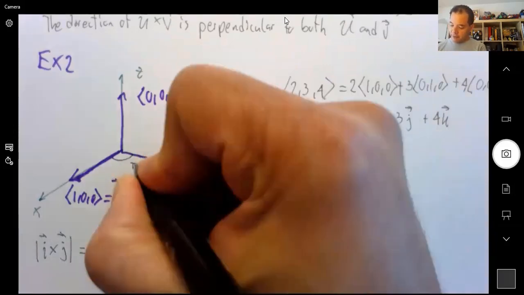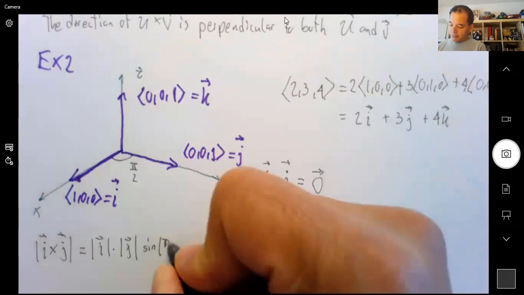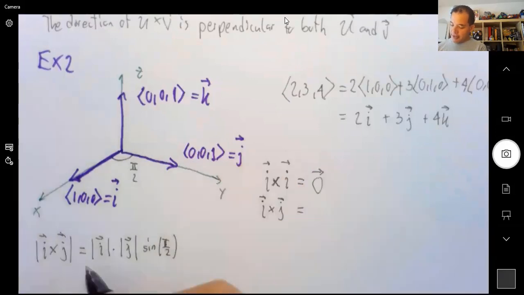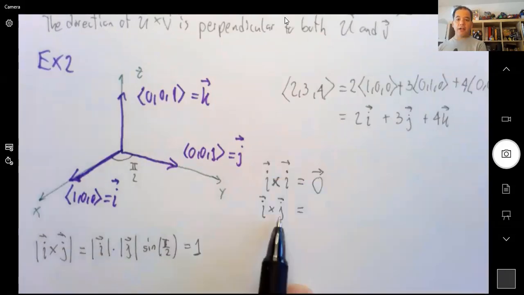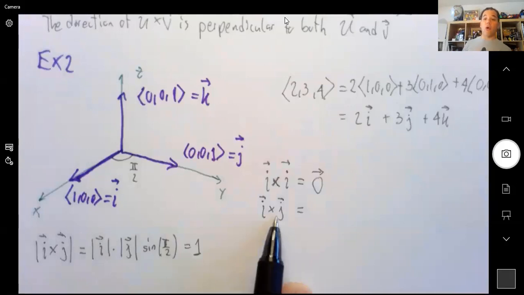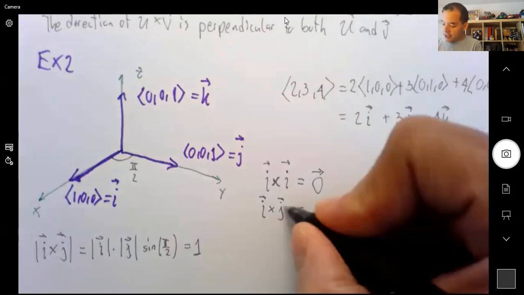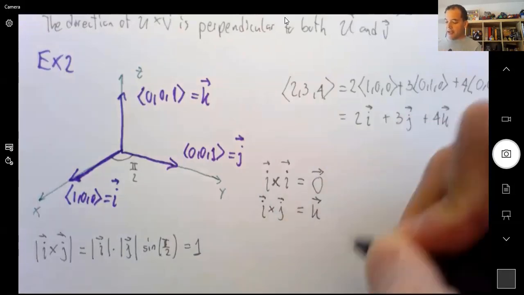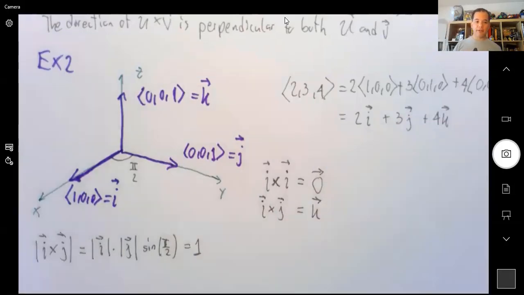Pi over 2. So it's times sine of pi over 2. And this is nice because everything here is 1. So the answer is 1. So look at this vector. This is a vector of length 1 pointing in the direction of k. Which vector could it be? Well, it is k, right? There's no other choice. So i cross j is actually k. Is that clear?